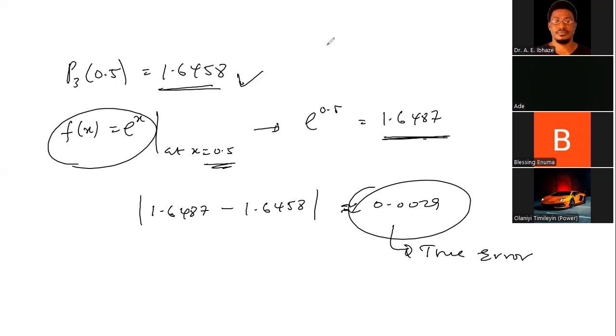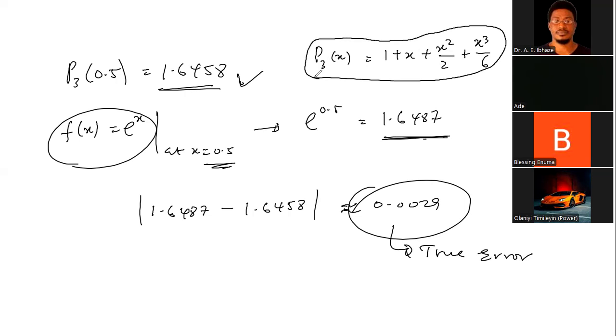We already saw that P3 of x is the same as 1 plus x squared over 2 plus x cubed over 6. Now, this is what we got based on the truncated Taylor series approximation. And so in substituting 0.5 into this approximated series, we're able to get this.